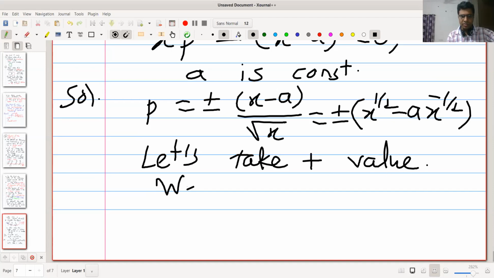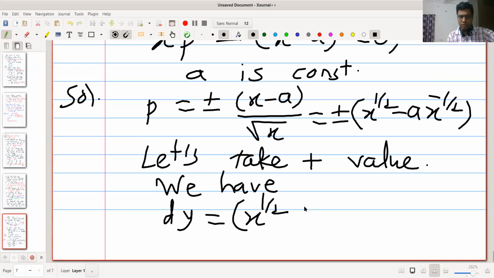So what we have? We have p means dy by dx. So dy equal to x raised to 1 by 2, means square root x, minus a x raised to minus 1 half dx, and this is easy to solve.